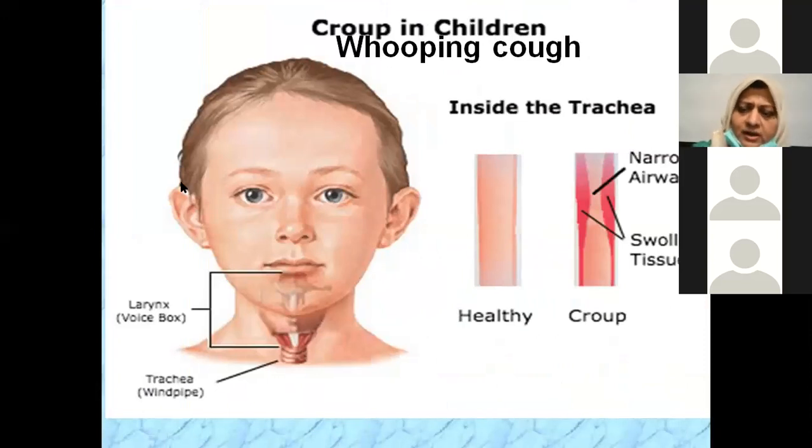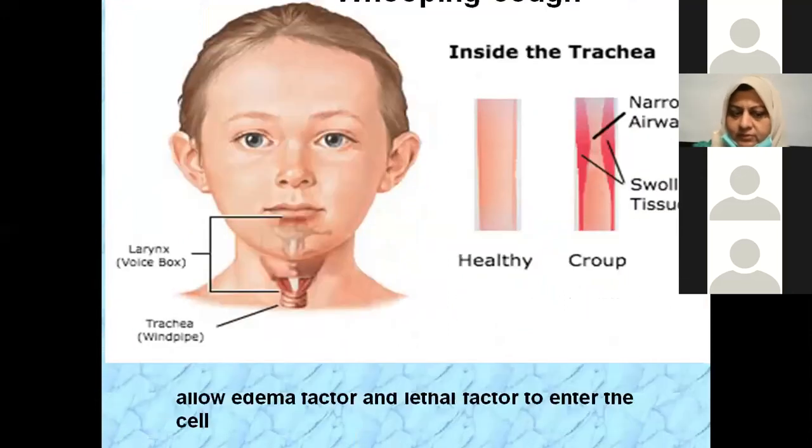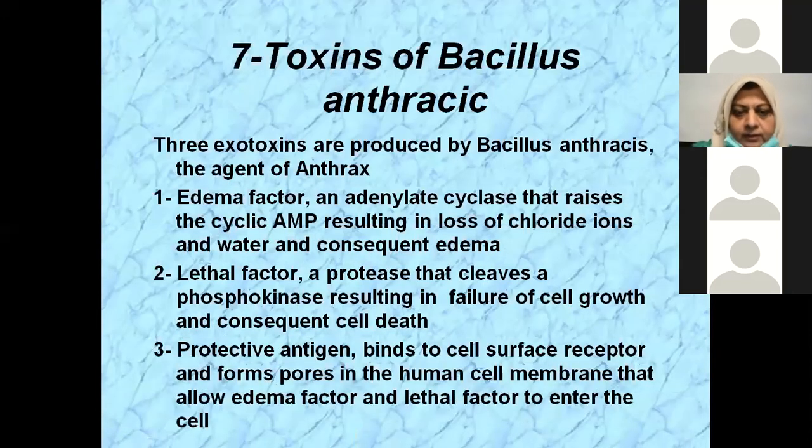So you can see the airways are highly inflamed, and the sound which is produced is a sharp barking type of sound. Then there is one bacterium, and I hope you are not bored, okay? But you have to tolerate this because this is very important, and you have to remember these 10 or 12 exotoxin actions.